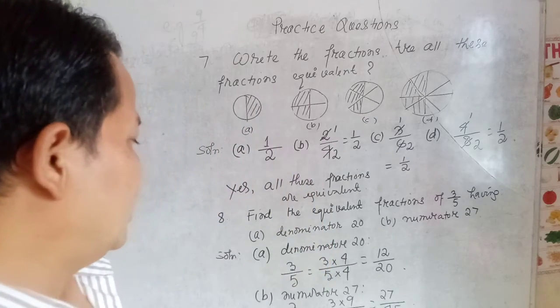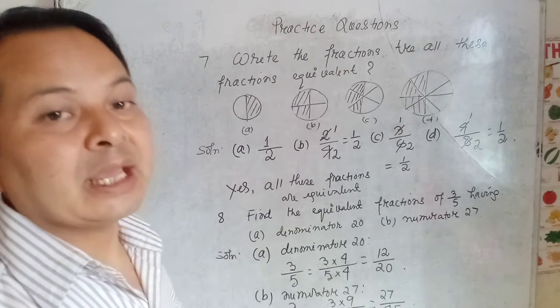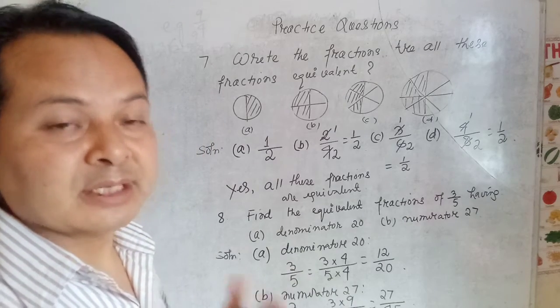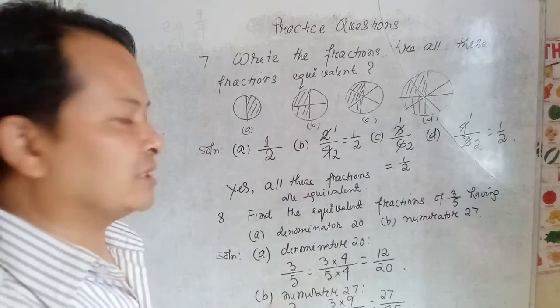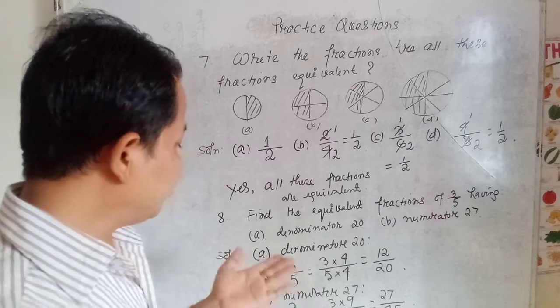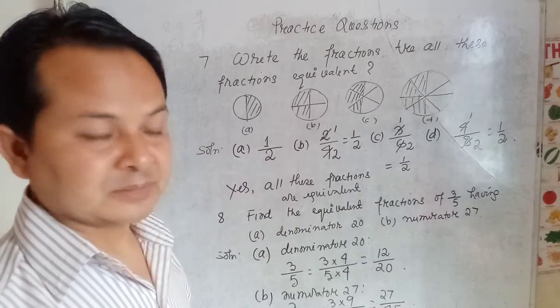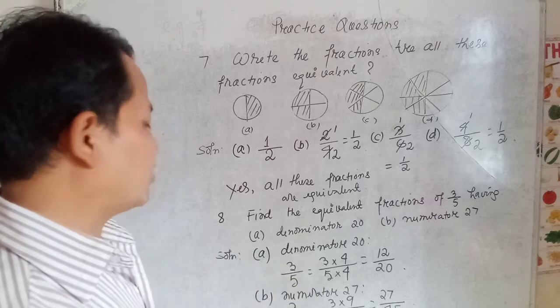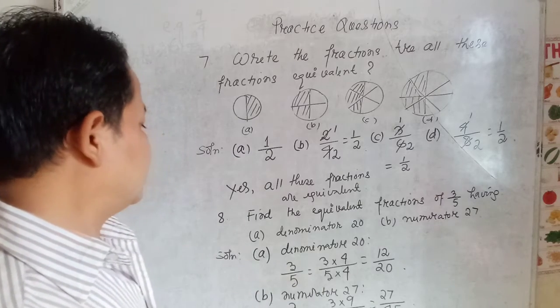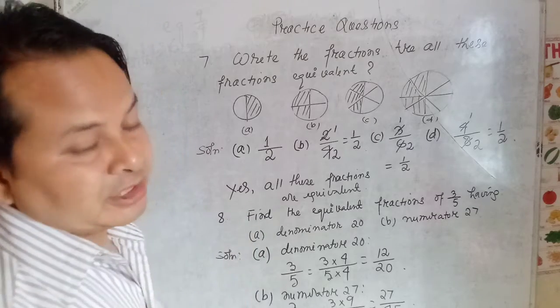That means to get the desired number, we have to multiply by a number. That number is called the multiplier. We have to multiply by a multiplier to get the desired number, whether it is the denominator or the numerator. According to the conditions of the question, we have to multiply both the numerator and denominator.